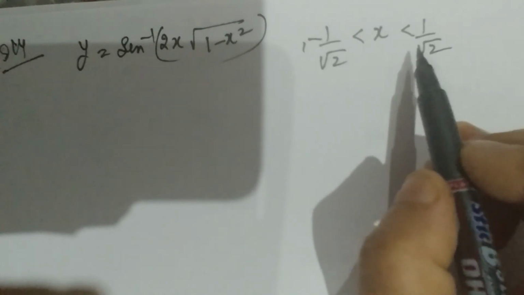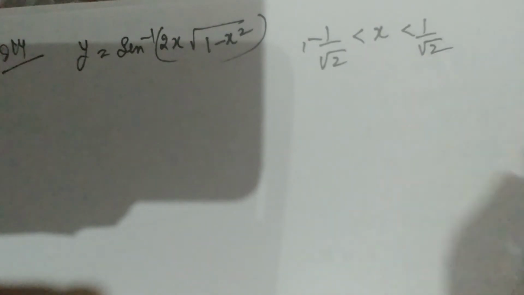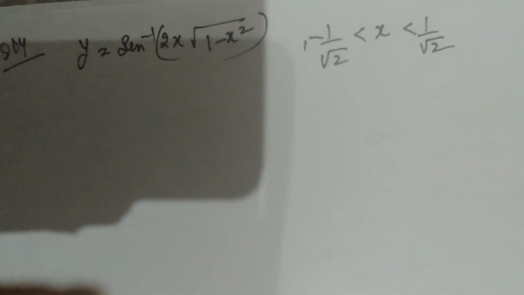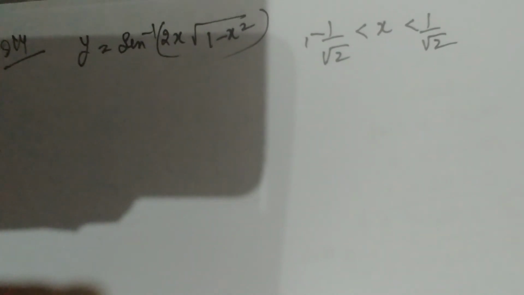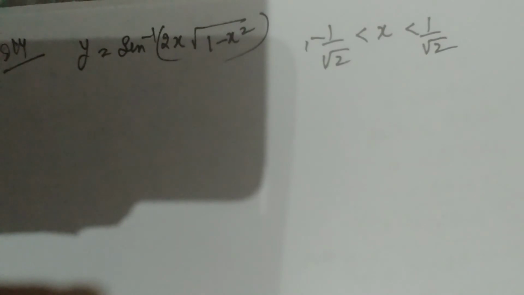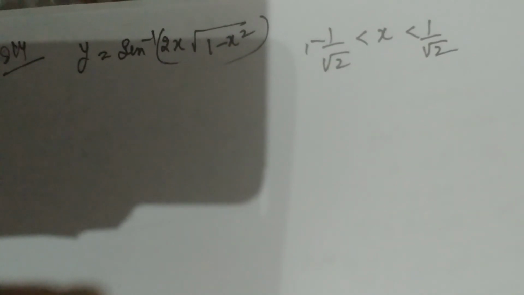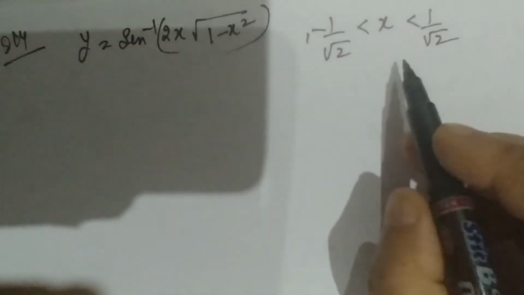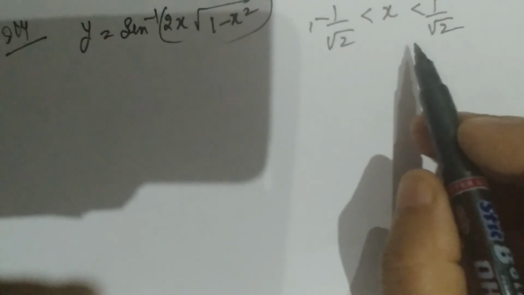But you should work this out. There is a very important example in your inverse trigonometric functions, where you were supposed to put x as sine theta or cos theta, depending upon which quadrant it lies in.